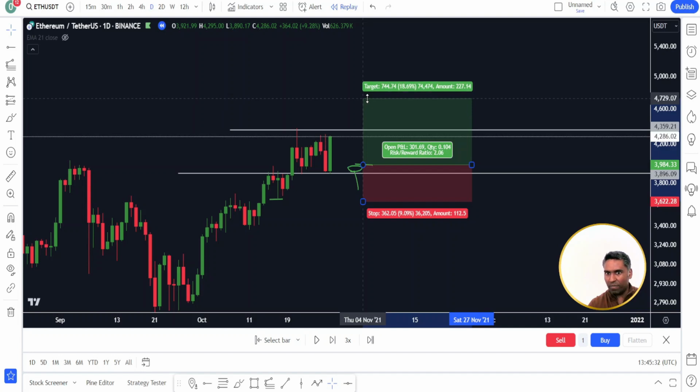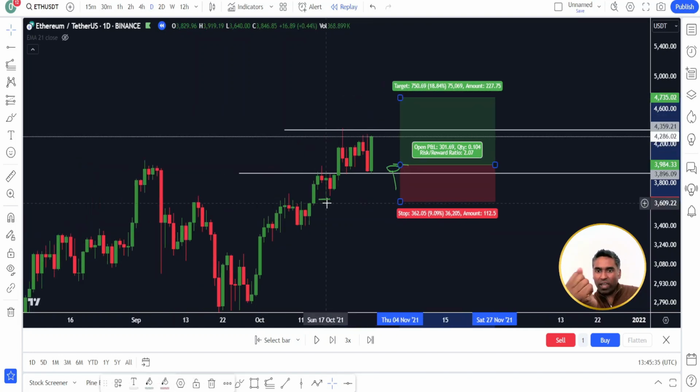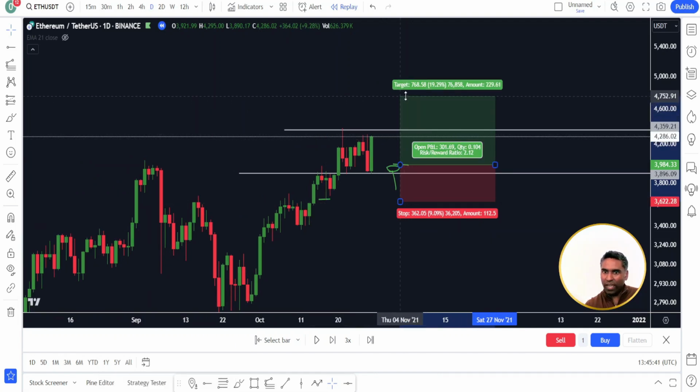So this will be a good risk to reward trade. So this is one way to exit the trade. You can exit fully here, or you can close one half of the position here and half of the position here. If we are trading trends, it's better to exit in parts.